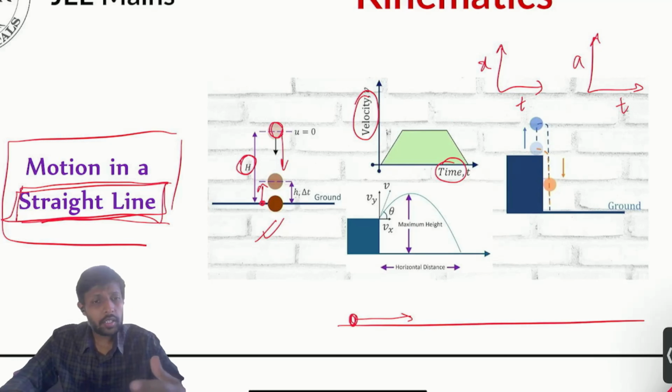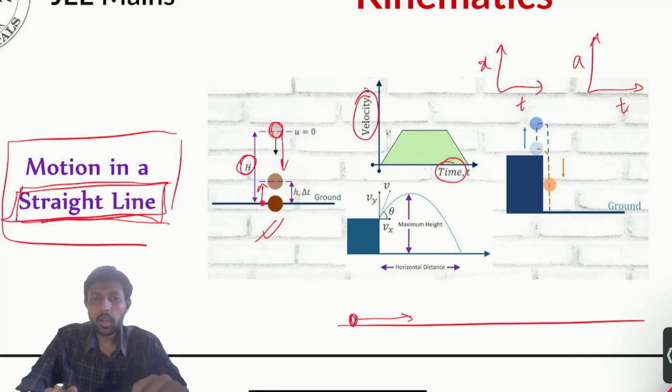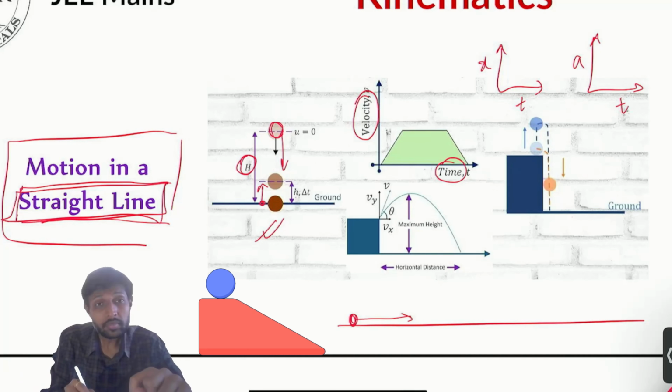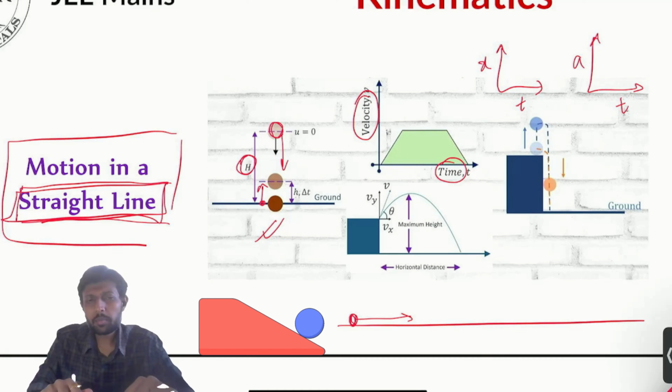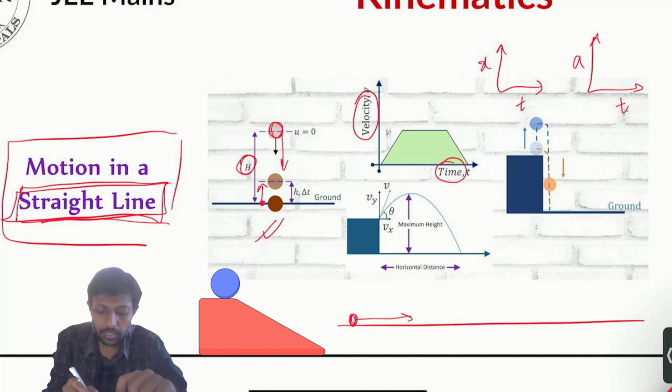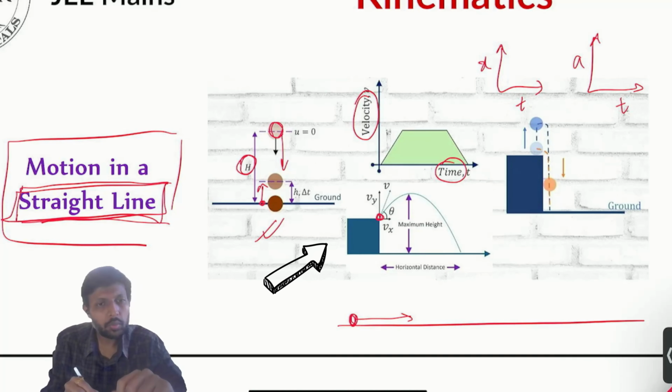Then eventually, after we have covered the entire 1D motion, after we are comfortable with analyzing one-dimensional motion, we move on to two-dimensional motion. And within the two-dimensional motion, we are going to specifically focus on projectile motion. Something like this. Projectile is any object which falls under gravity.